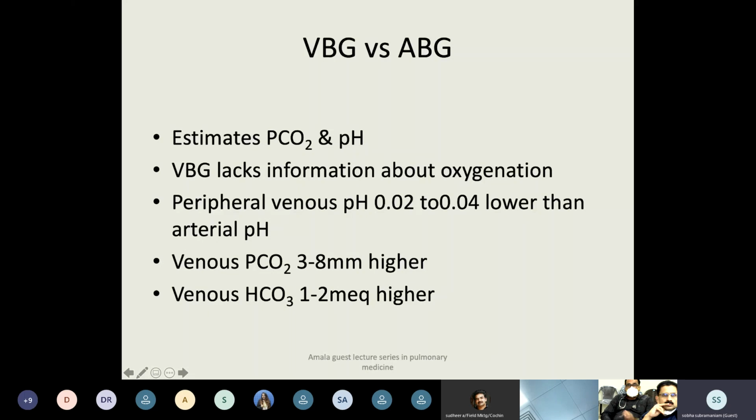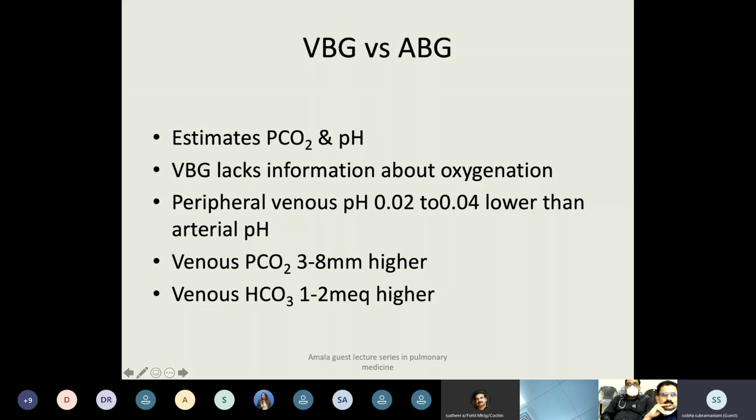So that doesn't give us any information about the oxygenation of the arterial blood, but it gives rather good estimates of the PaCO2 and pH. So VBG can still be used for estimates of the PCO2 and pH. And there is a relationship between ABG and VBG: peripheral venous pH is about 0.02 to 0.04 lower than the arterial pH.